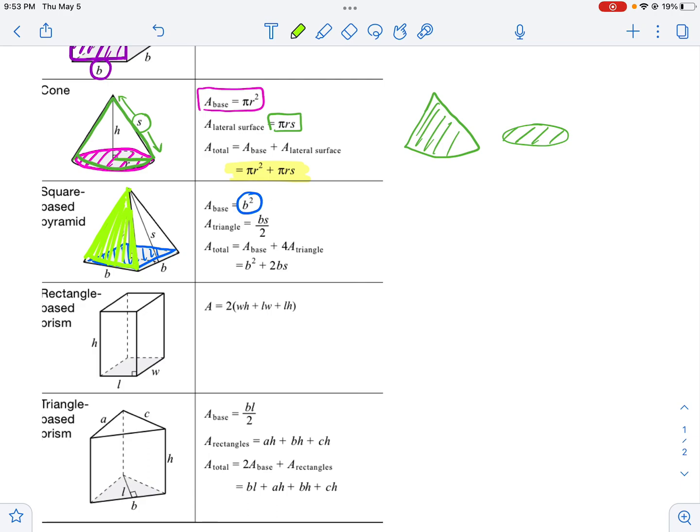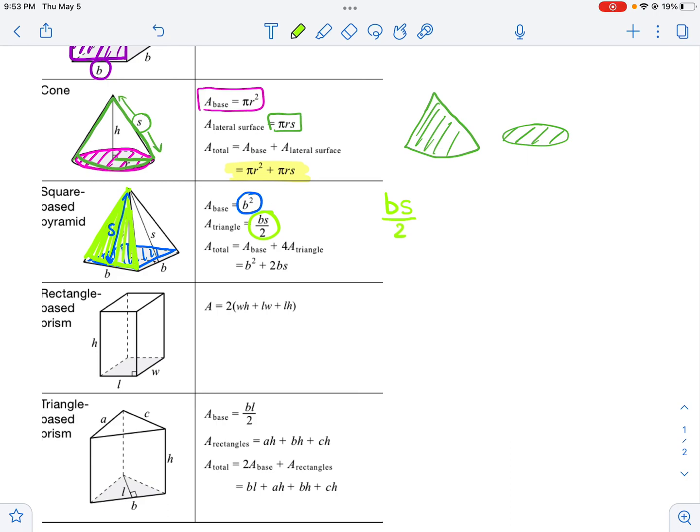To calculate the area of a triangle, we would do base times height. The height is being called S for the slant height. So for the area of a triangle of the square-based pyramid, we would do base times side divided by 2. So that's how they got the triangle surface area.